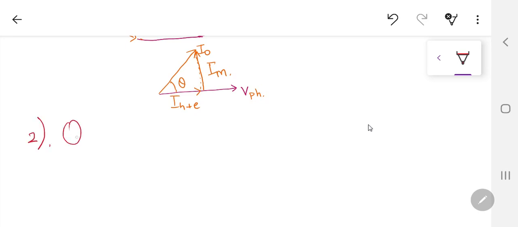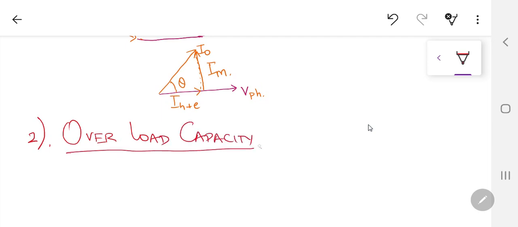The second thing is the overload capacity. Now overload capacity, as we have talked about in the previous classes as well, means that your leakage fluxes are on the smaller side, and when those leakage fluxes are on the smaller side, you are going to have a little bit more drop which can happen across those impedances.